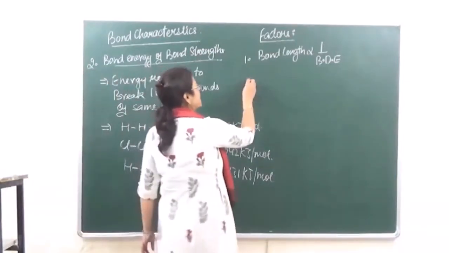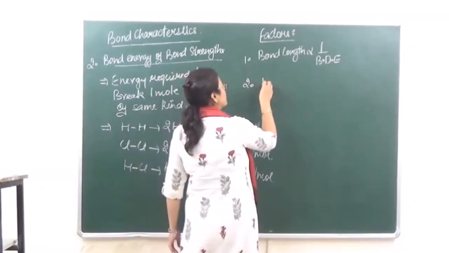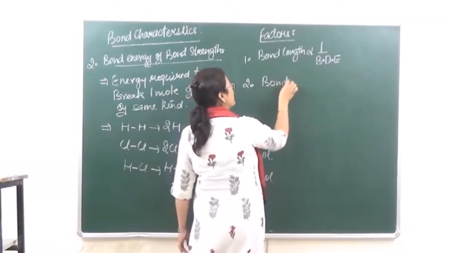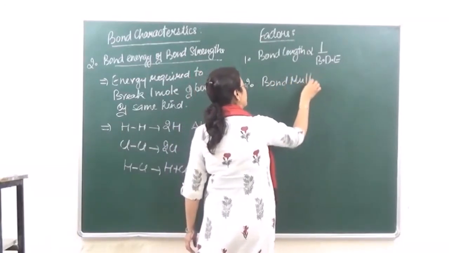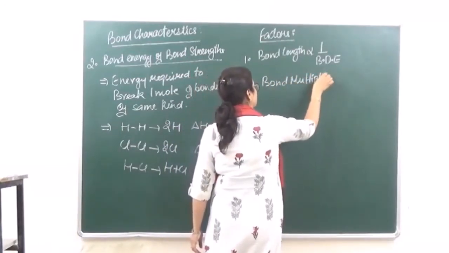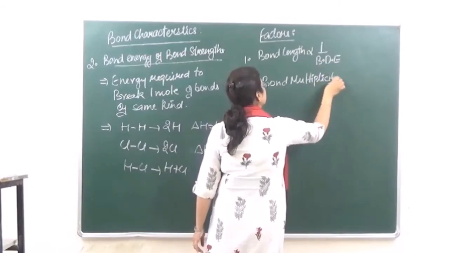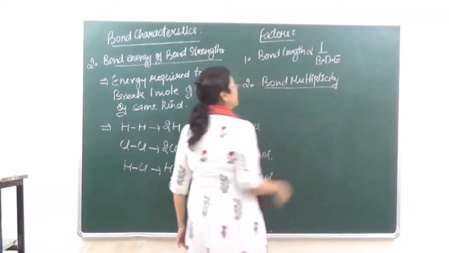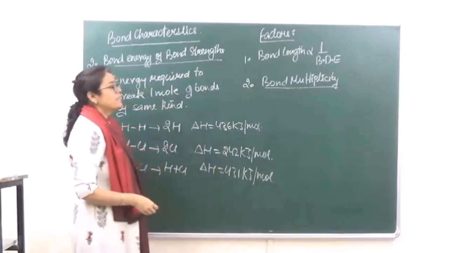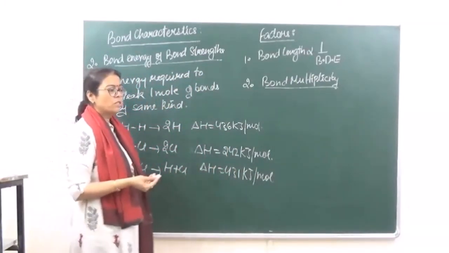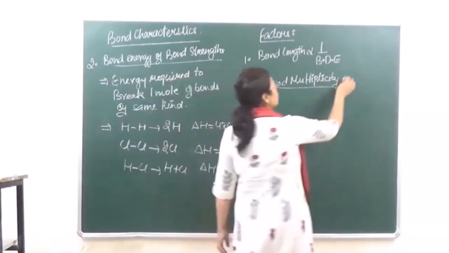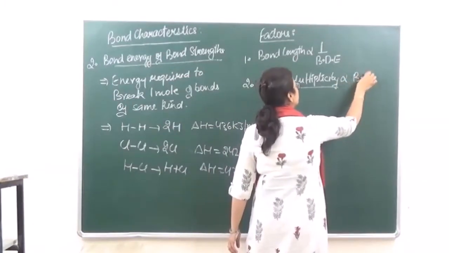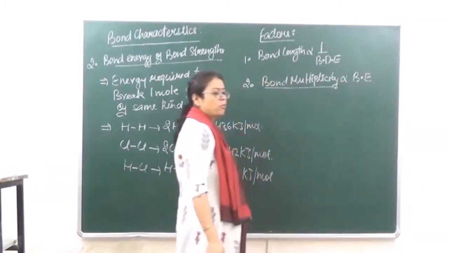Then second, it will depend upon bond multiplicity. Bond multiplicity means that greater the number of bonds between 2 atoms, greater is going to be the bond dissociation energy, so it is directly proportional.